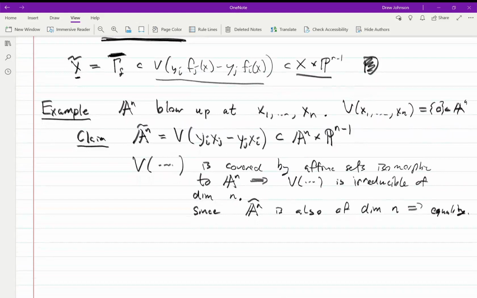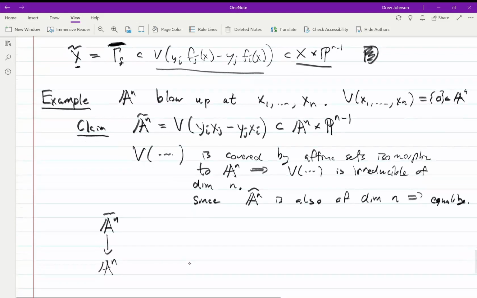What I want to do now is think about this map, A^n blow up mapping to A^n. So this blow up map. If we have a point a that's not the origin, then pi inverse of a is just a single point.